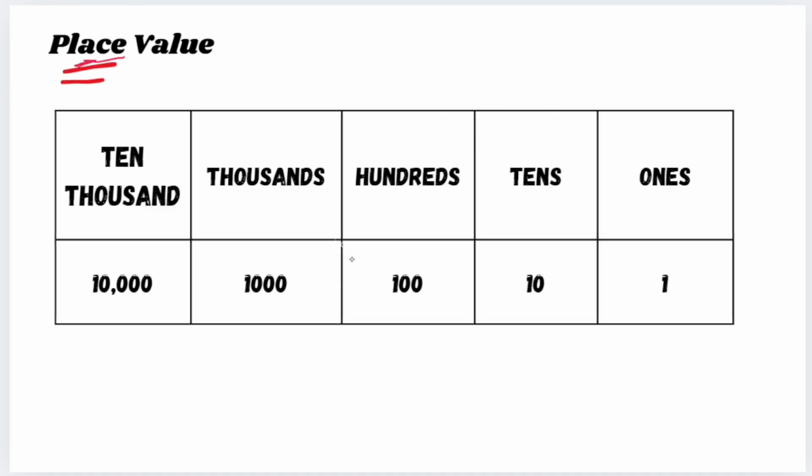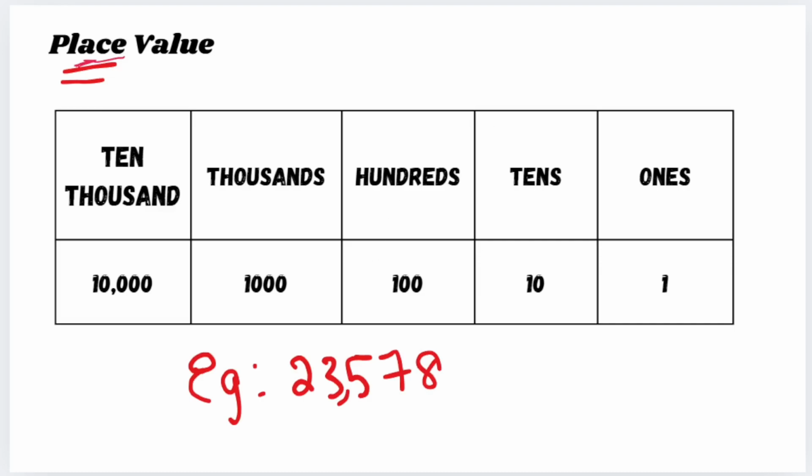First of all, for example, if I give you 2, 3, 5, 7, 8, which is 23,578. Right? So if I give this number and I ask you to find out the place value of each number, what do you do?